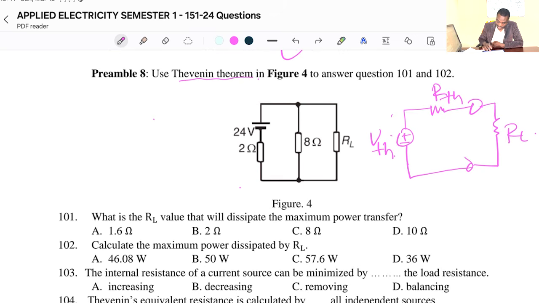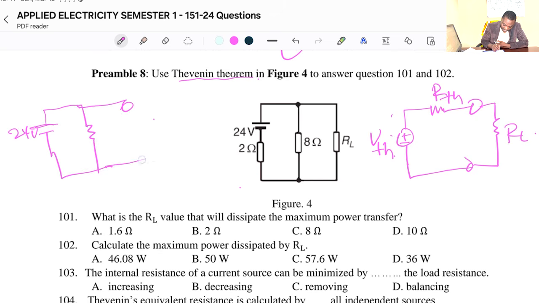Now, when it comes to RTH, remember first we have to remove our load so that we have our linear active circuit. So I have this to be 24 volts. Then I've removed the load resistor. Here is 8 ohms, and then this place is supposed to also be the resistor here, which is 2 ohms.